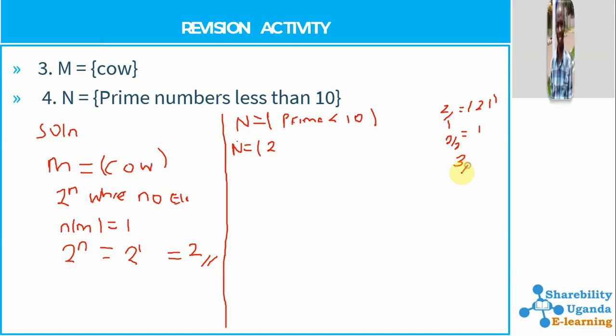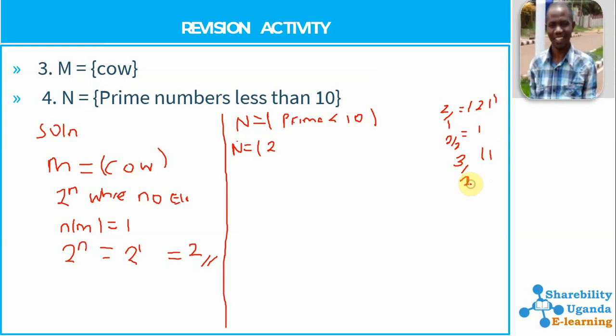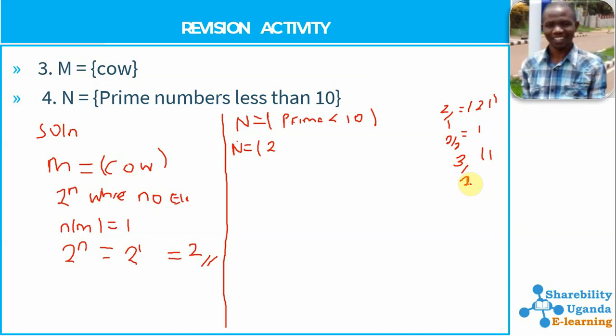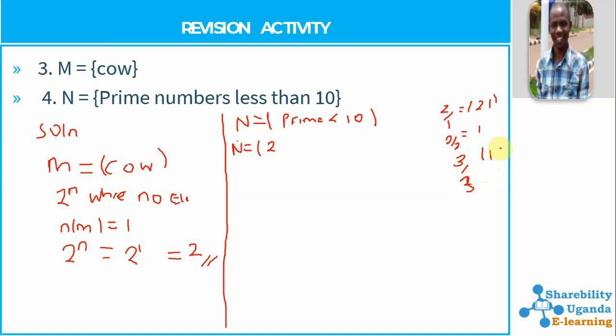When you try 3 divided by 1, we get 3. When we divide 3 by 2, of course we get 1 and remain with something, so that one is disqualified. When you divide 3 by 3, we get 1.